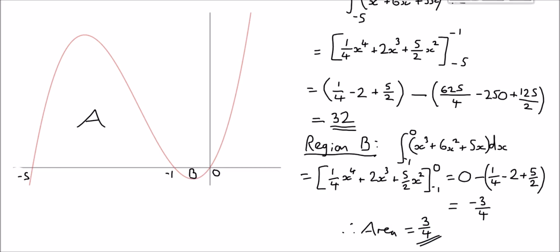So we worked out two separate areas here. We've got the area for A, all of this here, and we worked that out from before was exactly 32. So region A is 32, whereas region B, what we just worked out here, was this tiny bit, which is 3/4.